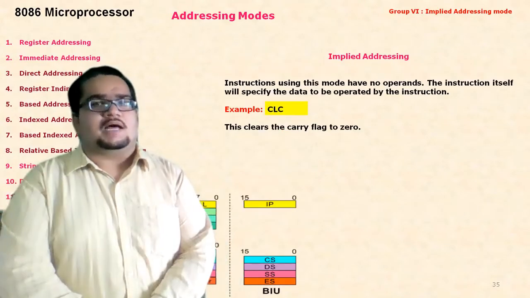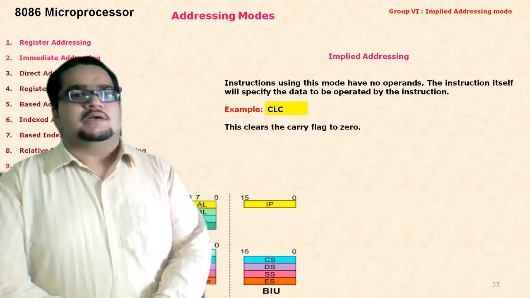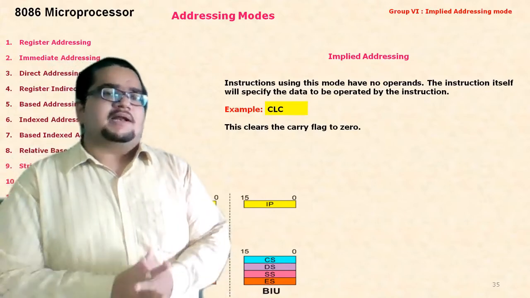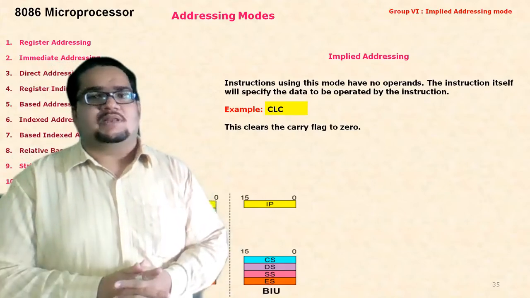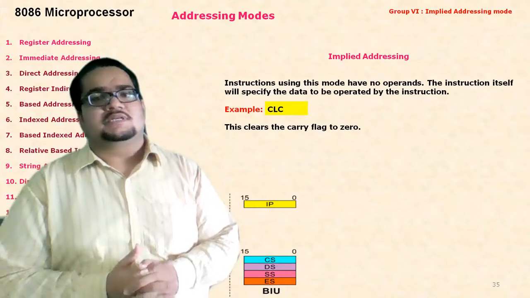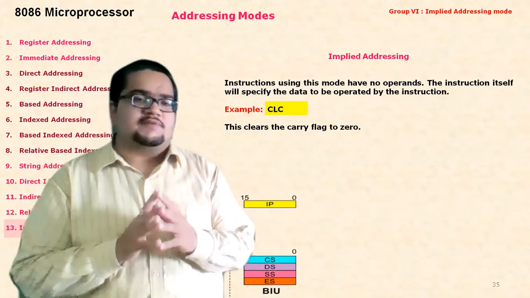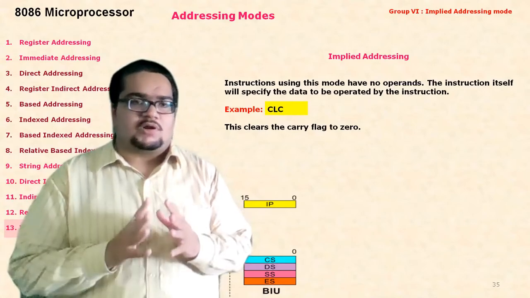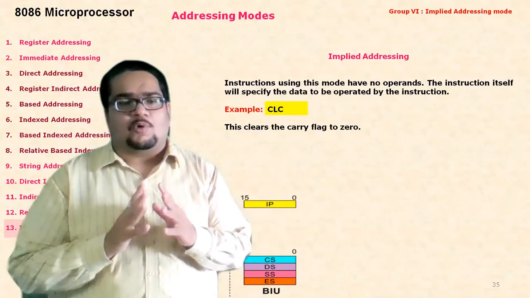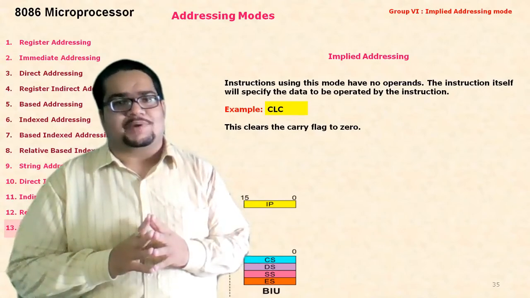We come to our last group and the last addressing mode, the implied addressing mode. This one we have already discussed two times: here the opcode itself is self-sufficient to tell the processor what operation has to be done and upon what operand it has to perform that operation.